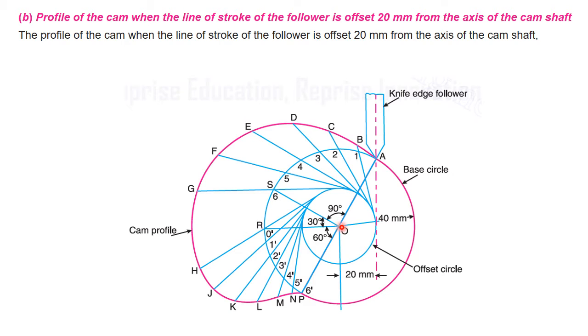Again we divide the out stroke and return stroke into an equal number of parts. Here we have divided into a total of 6 parts for the out stroke and return stroke, numbered 1, 2, 3, 4, 5, 6 and 0', 1', 2', 3', 4', 5', 6'.